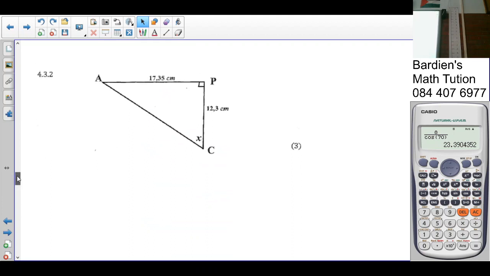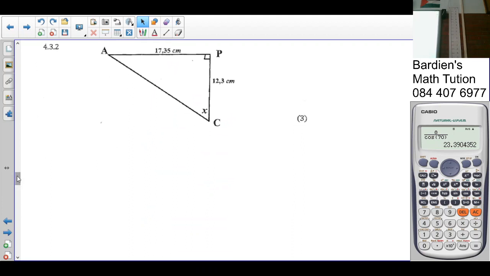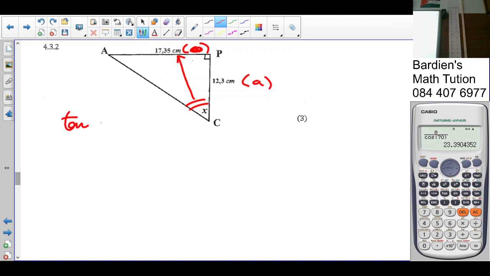4.3.2. These are x. The x is in angle C. What is that relative to the angle? Opposite. This here? Adjacent. Which trigonometric function is opposite and adjacent? Tan. So tan of x equals opposite, which is 17,35 over 12.3. How do I get x on its own? Arctan, or shift tan.